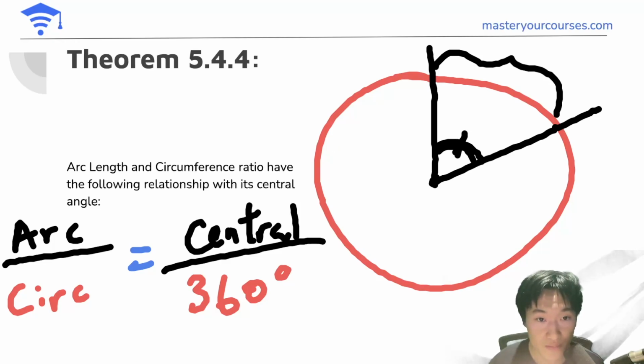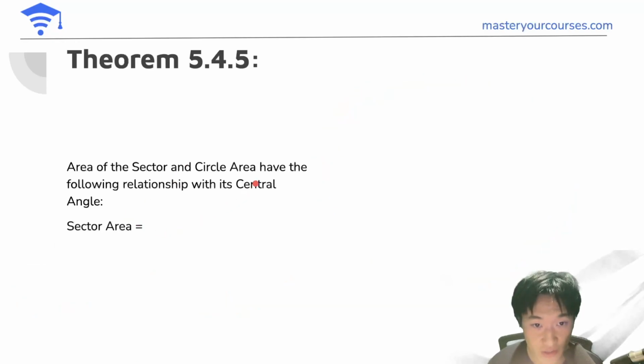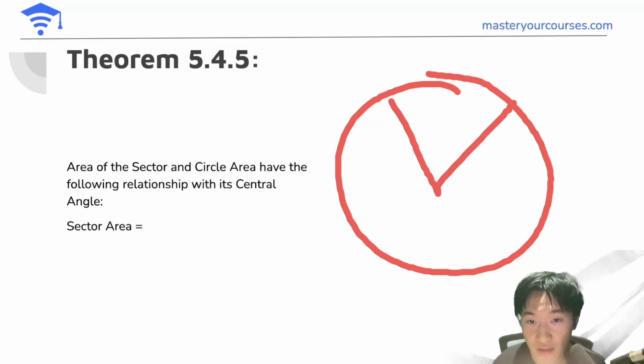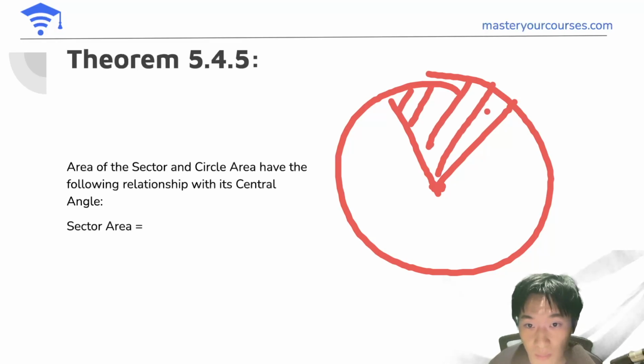Now, area of the sector and circle area also have the following relation with its central angle. So the sector area is basically, it's the same drawing as before. So suppose we have this pie, right? This is the origin. It's the center. So the sector area is right here, the whole piece of the pie, right?